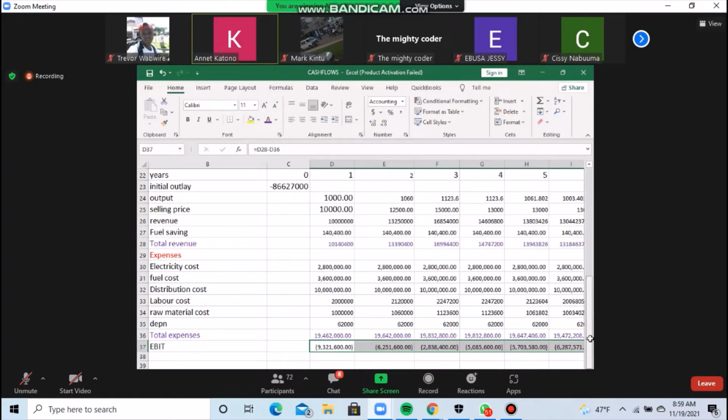Now, I've determined we need to get now the tax component and then the interest if it is needed. Now, how do you know that you need the interest for this case? You will know that you need the interest if the money that you're getting to purchase that particular fixed asset is in form of a loan.